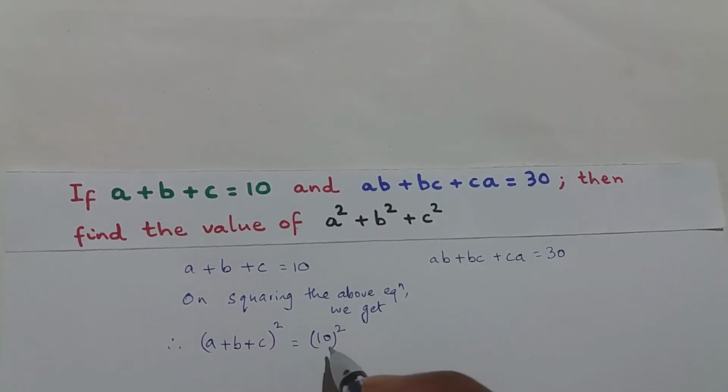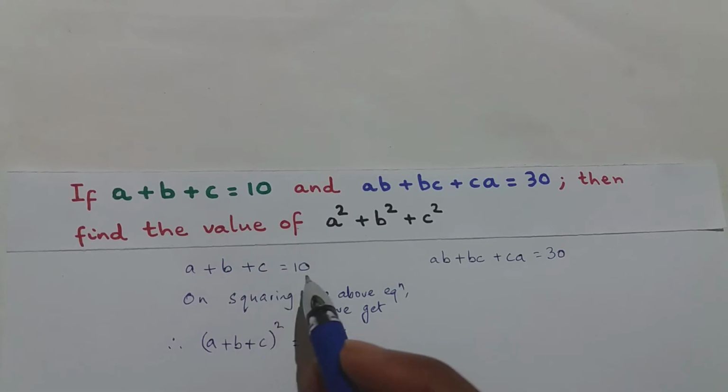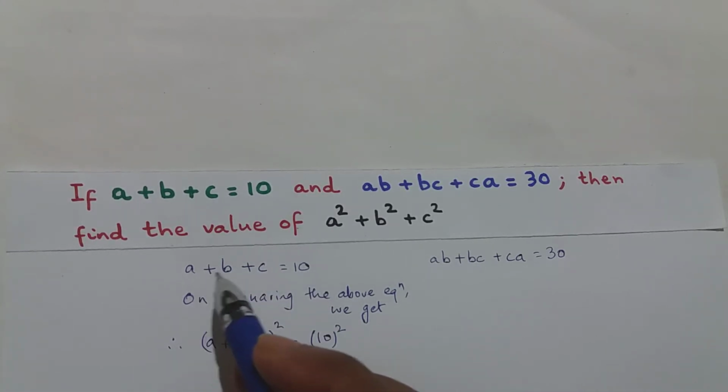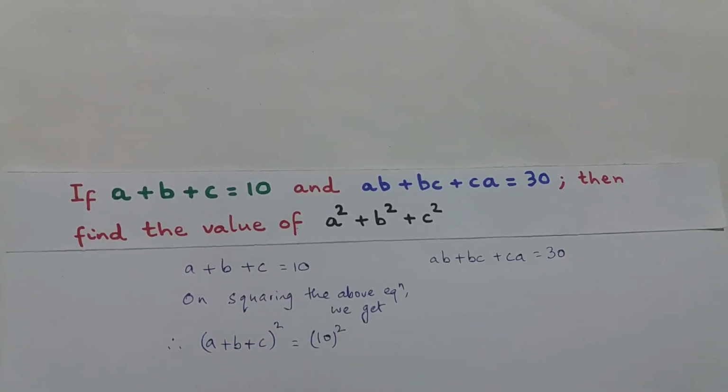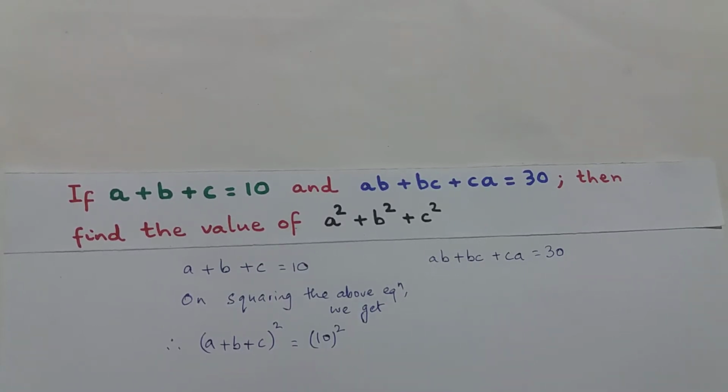So this is what we get when we square this equation. A plus B plus C whole square is equal to 10 square.